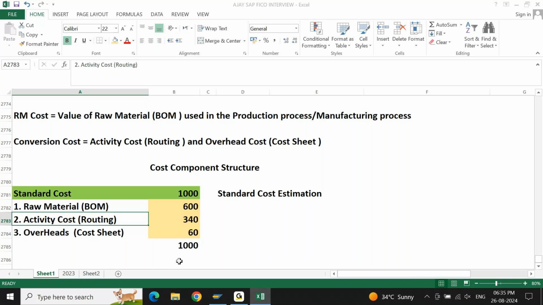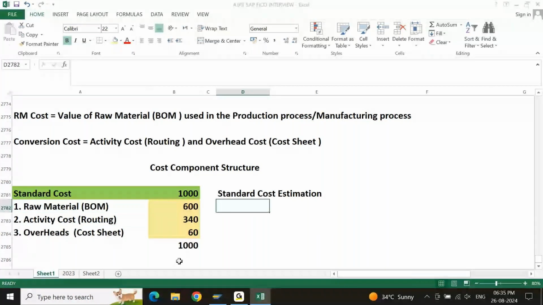Point number one, under standard cost estimation, with quantity structure. Point number two, without quantity structure.